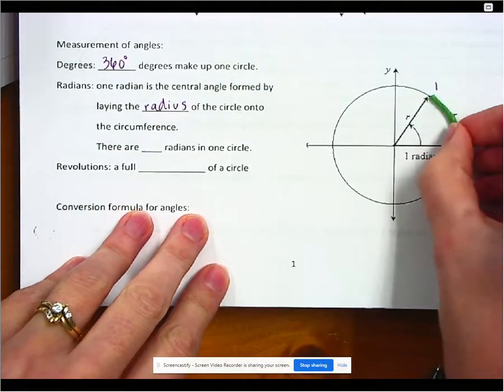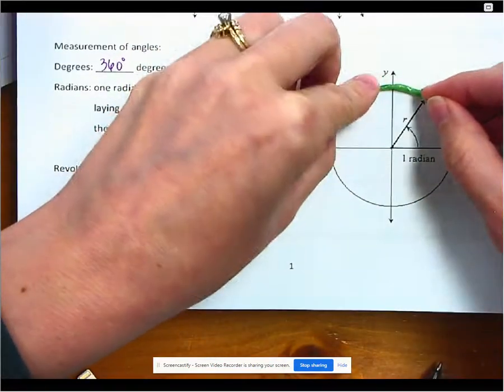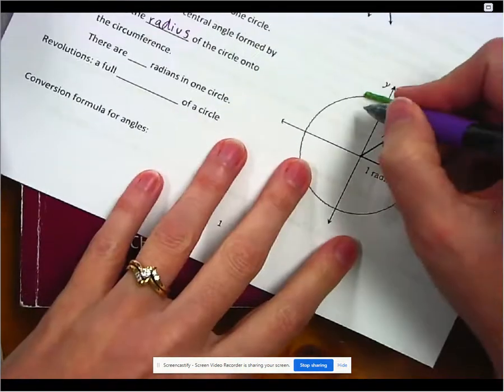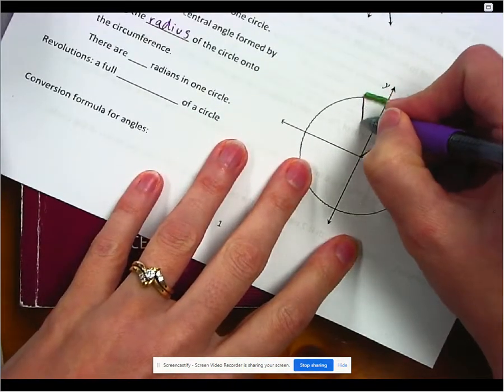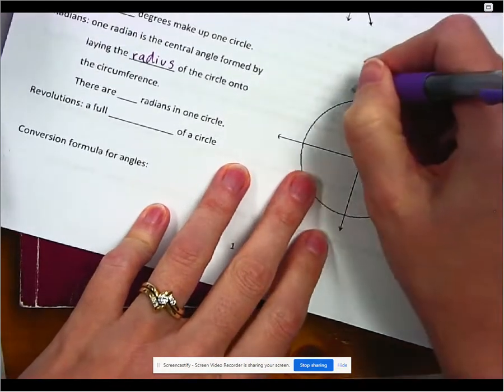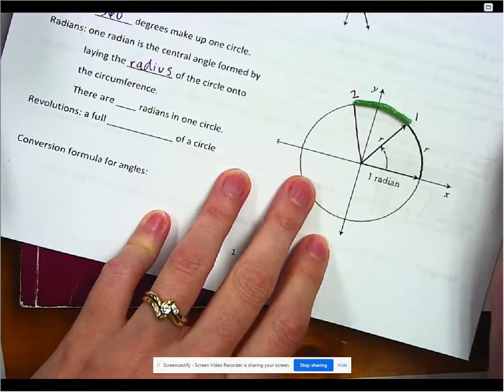All right, and then I will take it and move it along. All right, and so this angle formed should be 2 radians. So you guys try to fill that in, just estimating it. It's okay.